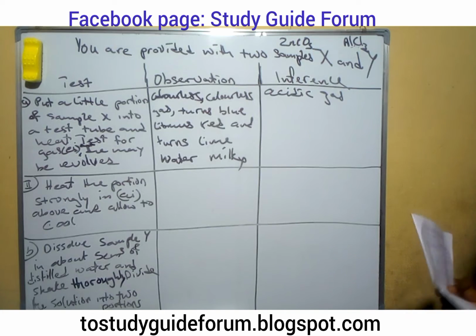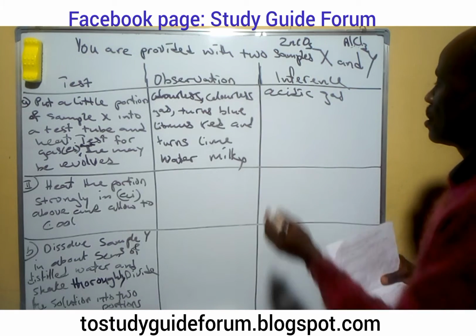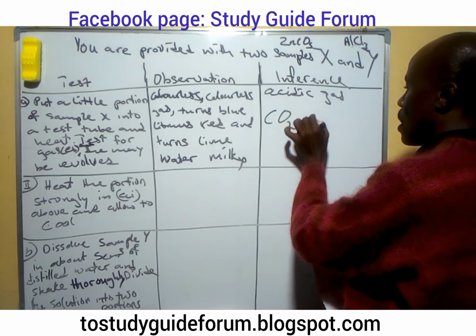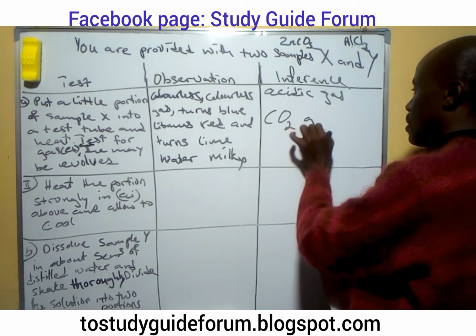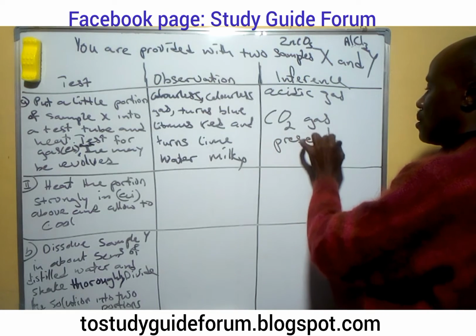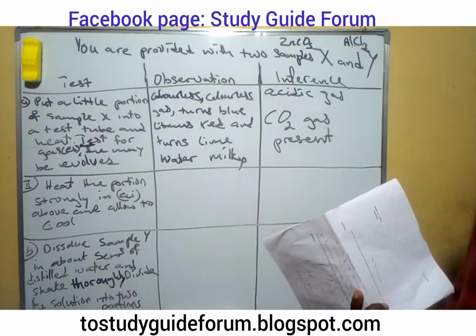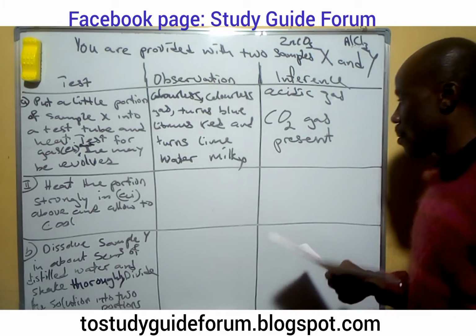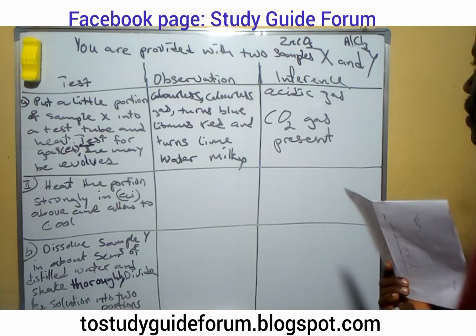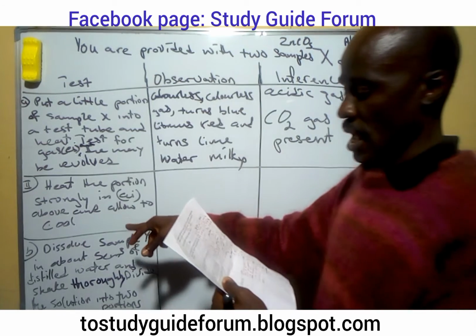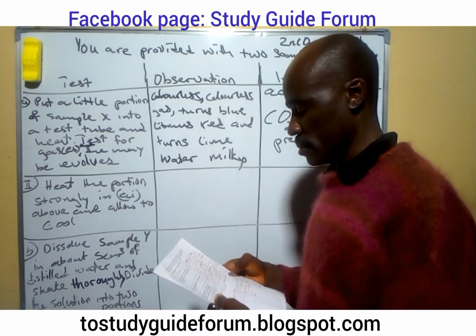And turning lime water milky means what? Carbon(IV) oxide gas. Carbon(IV) oxide gas is present.